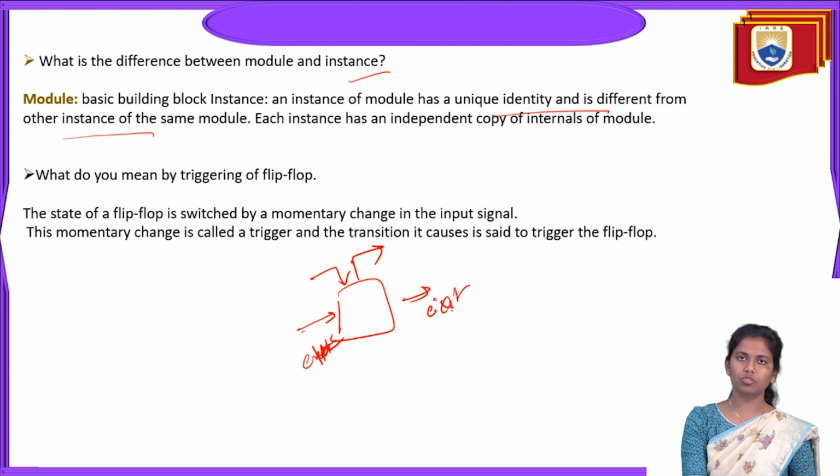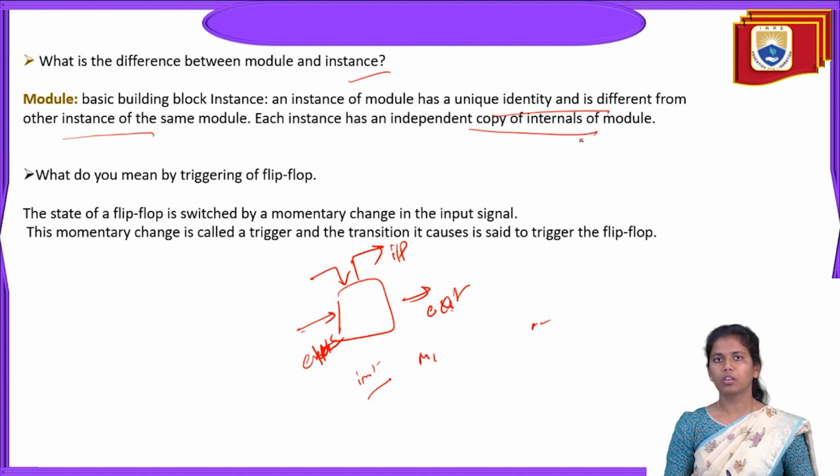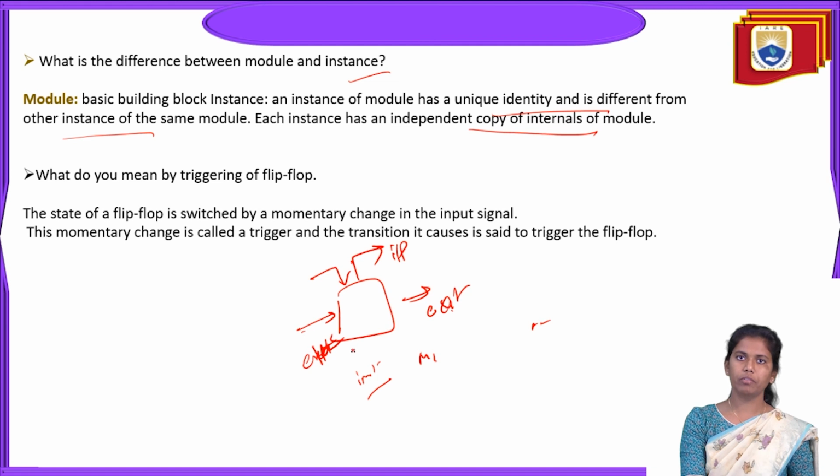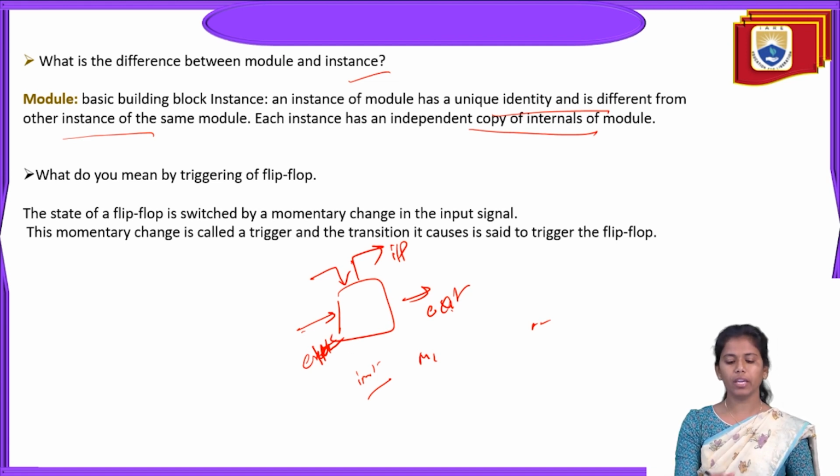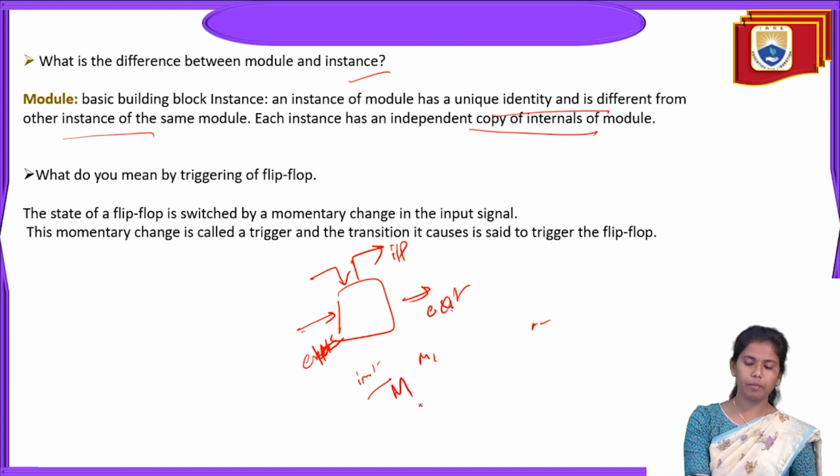For each entry, exit and in-out port, the instantiation differs from module 1 to module 2. Each instance has an independent copy of the internals of the module. So whatever we are instantiating depends on the copy of the internal module. For example, this is my module M, and internally my instances go like module M1, MI1, MI2, like that.